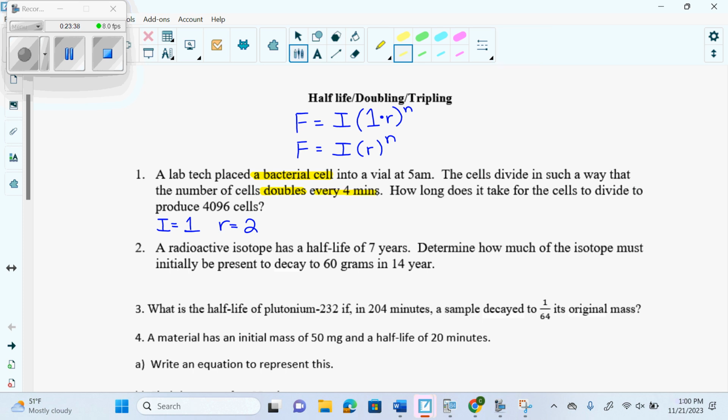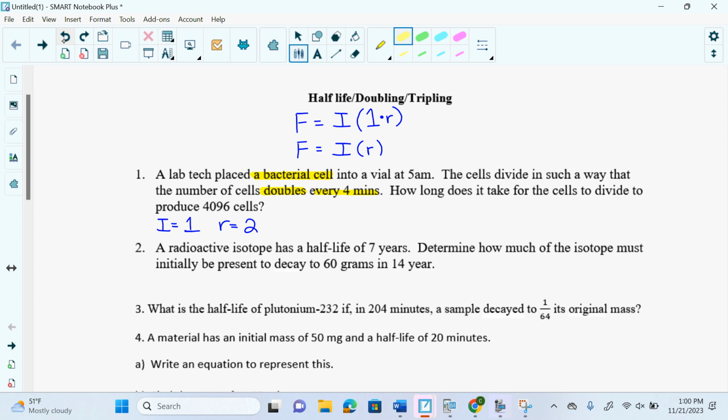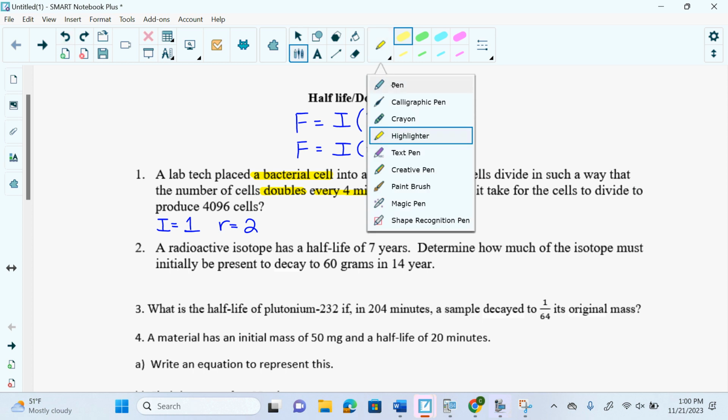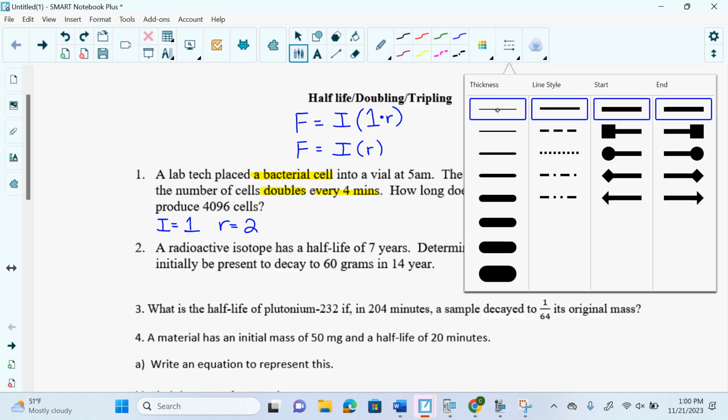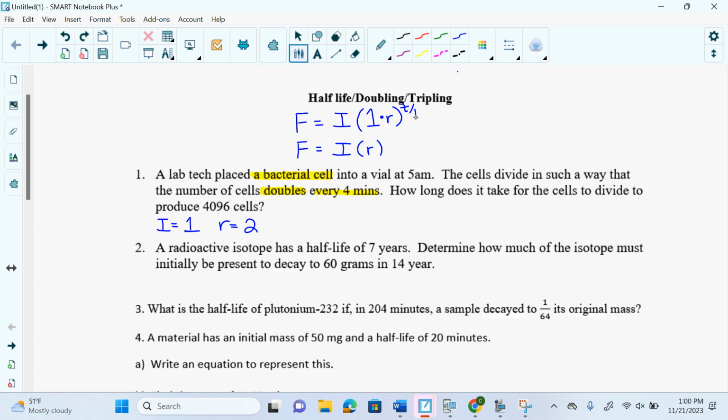Now I want to show you, this formula actually doesn't have just an n, because our n is time versus period. So it's going to be T over P. Now, if you can figure out the T and the P, you're in a much better boat than most people.